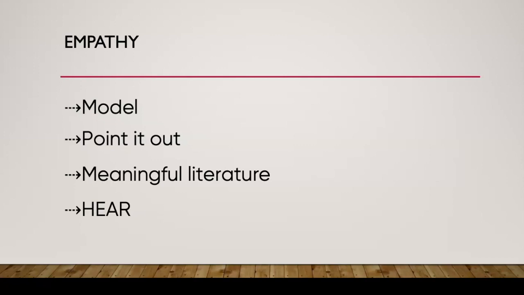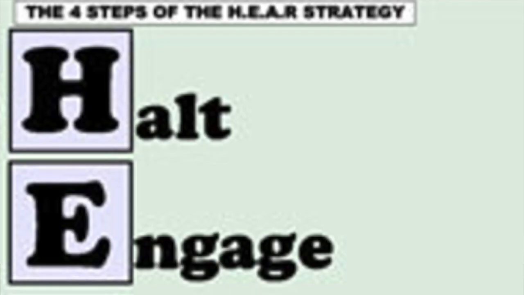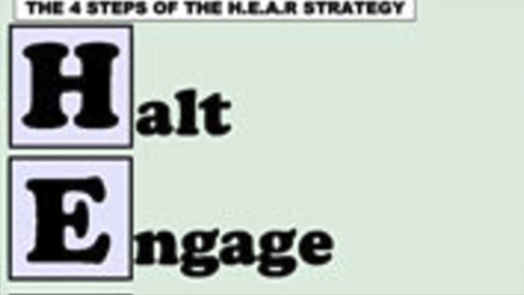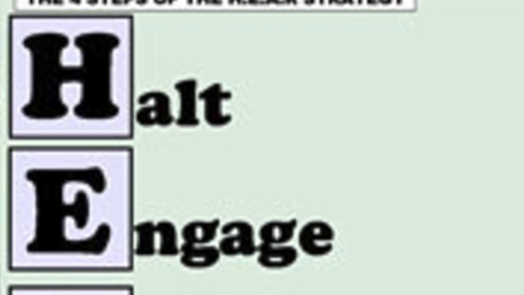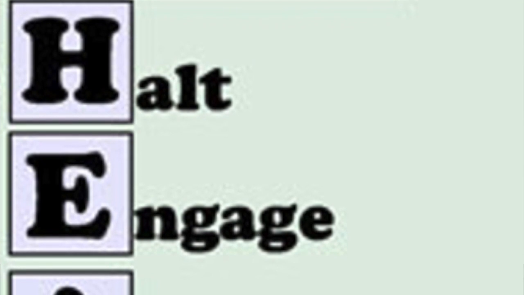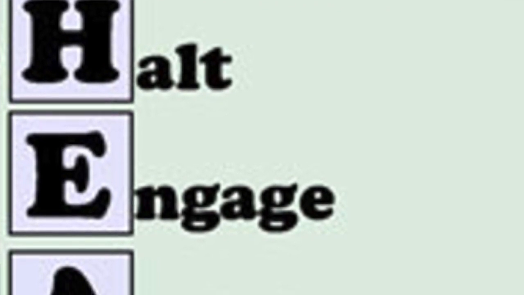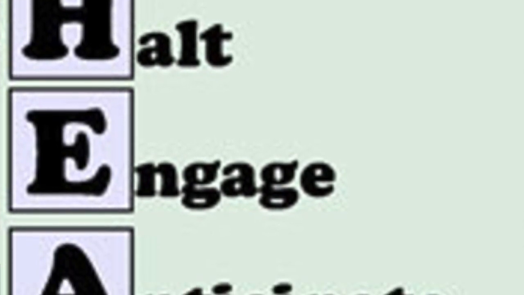And finally, teaching students about the HERE strategy. So each letter of HERE represents an action. So H meaning halt. Stop whatever else you're doing, end that dialogue in your head, and give the speaker your attention. Engage. Focus on the speaker.